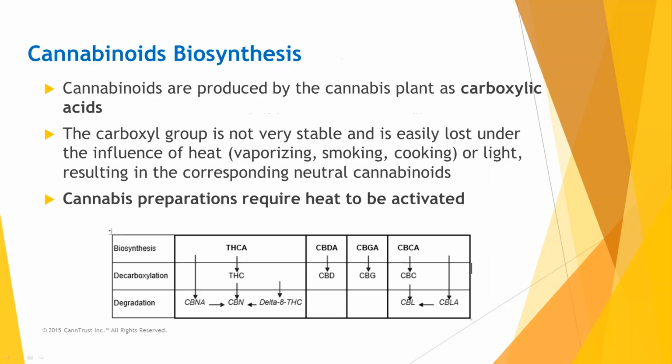Next slide. This was not in the original presentation that I had, but based on a call I had with one of our patients yesterday, I put it in to emphasize the fact that cannabis or phytocannabinoids are produced as carboxylic acids, which means that they are inactive. In order for cannabinoids to become active, they need to be heated to lose their carboxylic group, or CO2. That's why it is important that the patient, prior to usage, heats the cannabis.